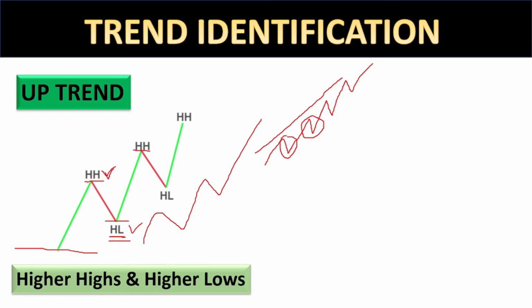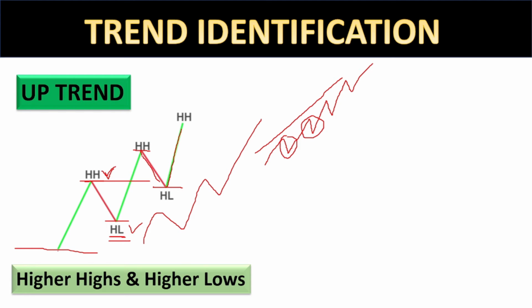This is our first higher high, and the second higher high is above the first one. Then the market falls slightly again, takes support at some price point, and bounces back. Again this point is a higher low, and if you notice clearly, this higher low is above the previous higher low.